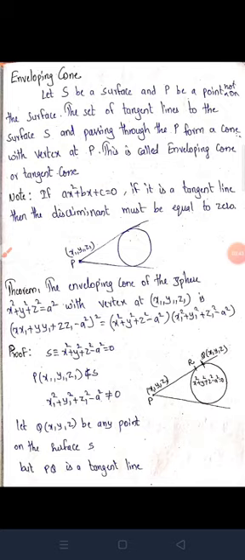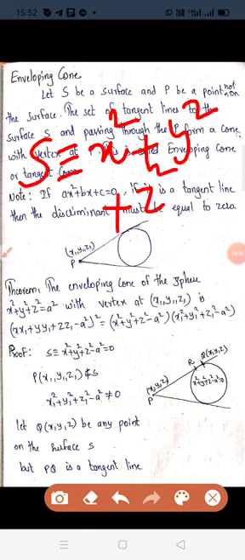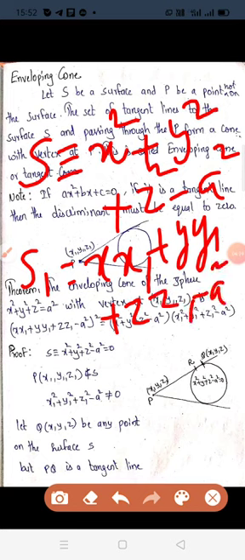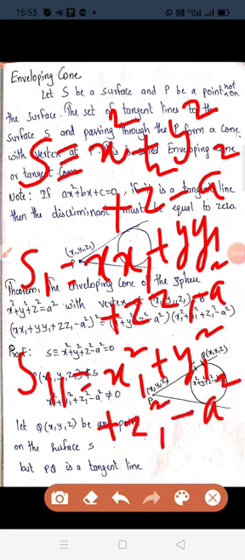Listen carefully. I am taking the sphere S equal to x square plus y square plus z square minus a square. S1 is x x1 plus y y1 plus z z1 minus a square. S11 is x1 square plus y1 square plus z1 square minus a square. These are the notations of S1 and S11.